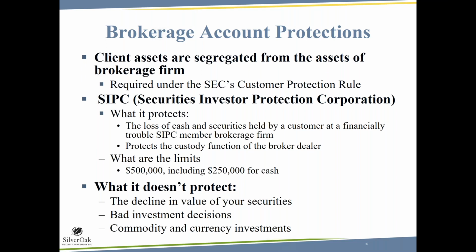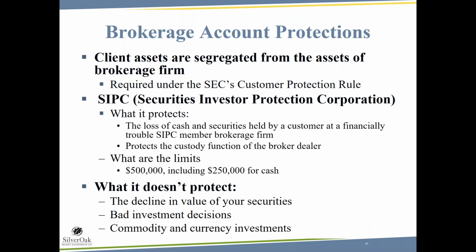Now, what even SIPC doesn't protect against is a decline in the value of your securities, i.e., just bad investment decisions. Obviously, there's no insurance against that, at least that I'm aware of. And commodities and currency investments are not considered part of what would be covered under SIPC.